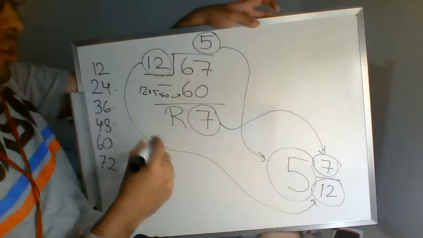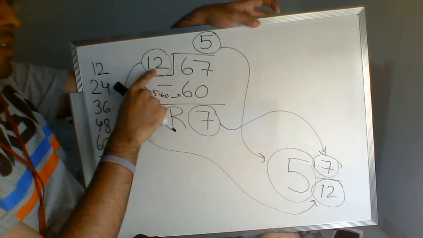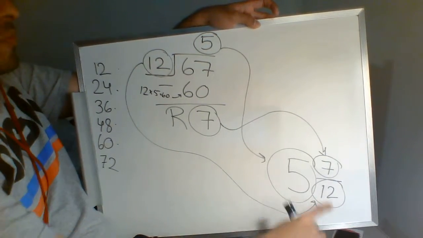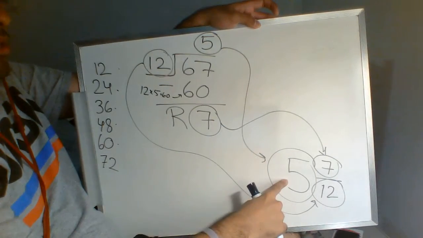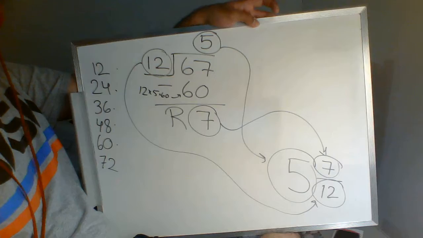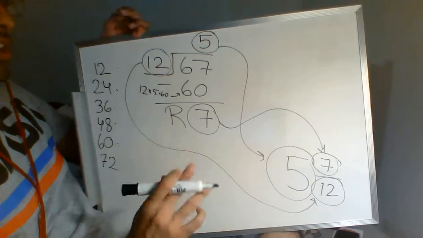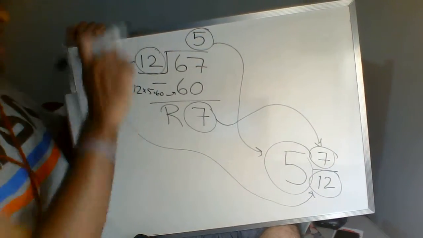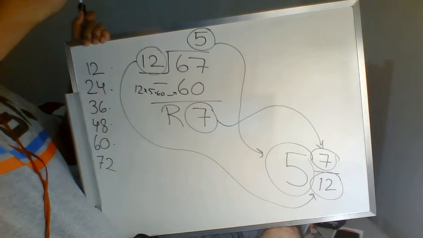So in long division, the divisor is your denominator, your quotient is your whole number, and your remainder is your numerator. Alright, so that's a lot of terms, but stare at it and hopefully you'll see what I mean.